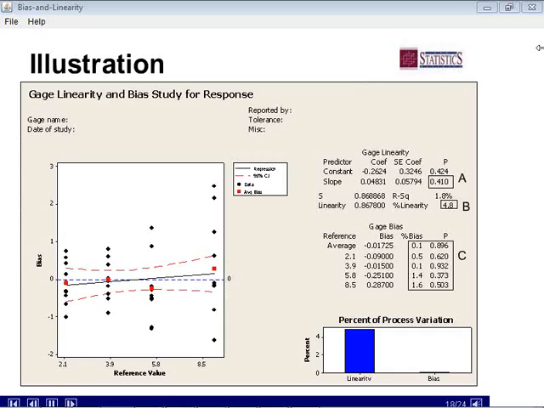Okay? And here's the printout of a particular stat package that I used. And what I wanted you to notice there are a couple of things. Let's look at this from left to right. Look at the graph on the left-hand side. You've got your actual bias values plotted against your reference values. Now, again, what I want you to see on here is notice the red dots. There's 4 of them.